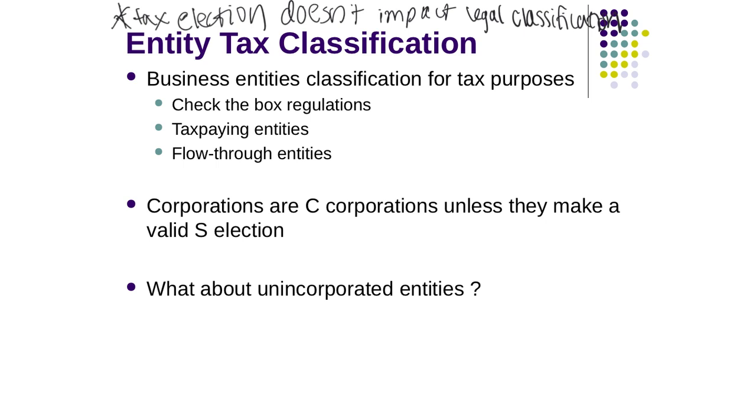Okay. Now I'm going to go through these bullets a little out of order, and I'm going to start with these two here. So for tax purposes, an entity can either be considered a tax-paying entity or a flow-through entity.